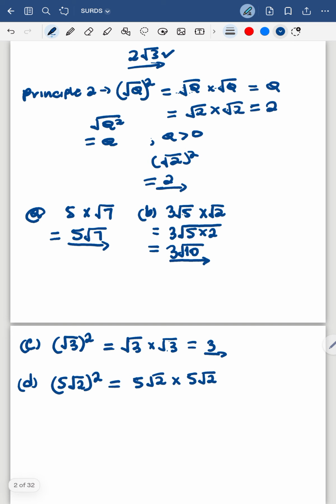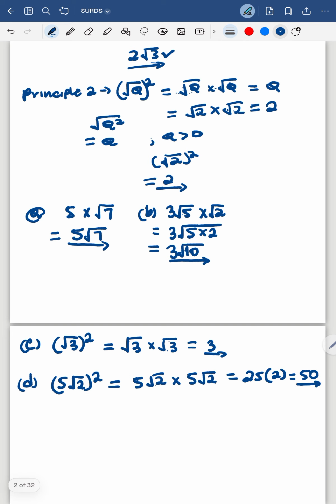It means 5 multiplied by 5 is gonna be 25. Then root 2 multiplied by root 2, it's gonna be 2 because it's removed, right? Then now your answer will be 2 multiplied by 25, it's 50. This must be your final answer.